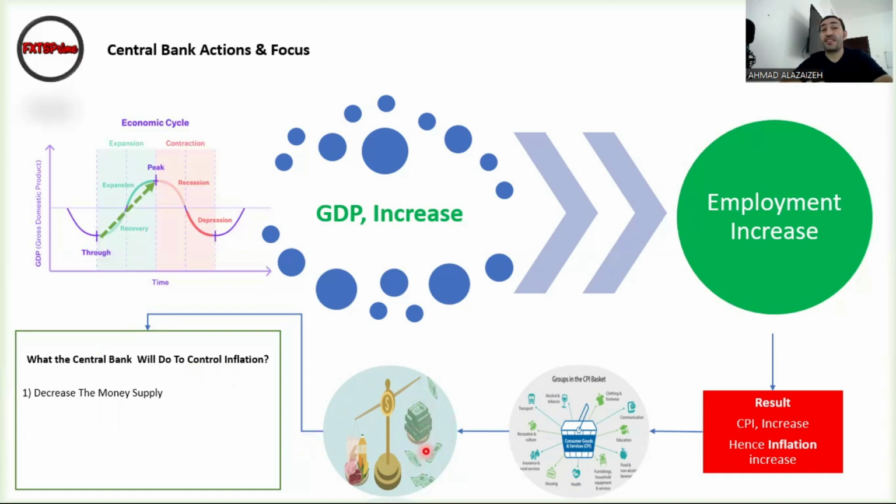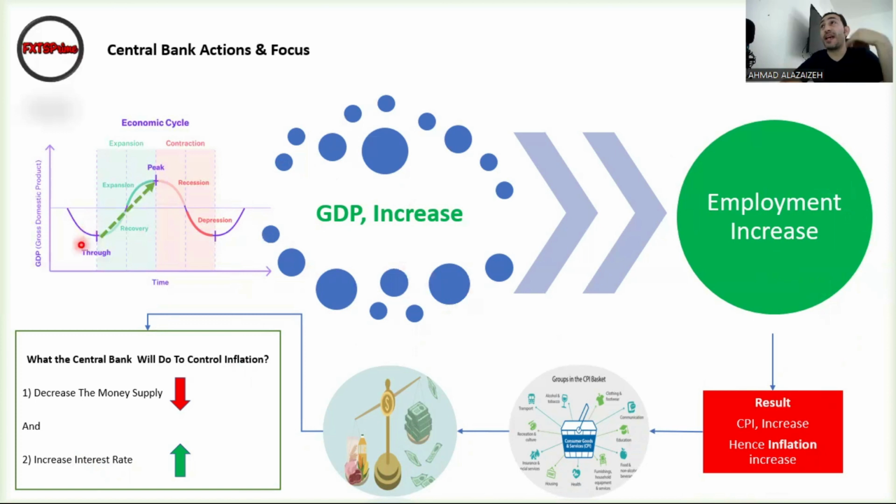That's why goods and services are going to higher prices. And then after decreasing the money supply, it will use another tool by increasing interest rates. If it increases the interest rates, then borrowers will be fewer, then consumption will be less. So in this time, the bank will monitor and react to inflation.